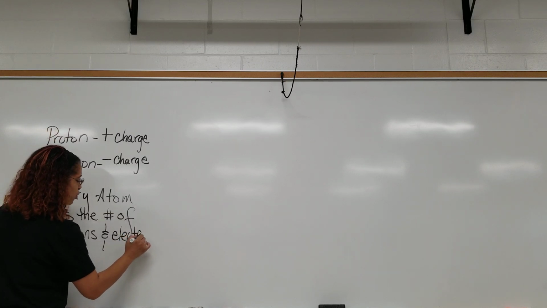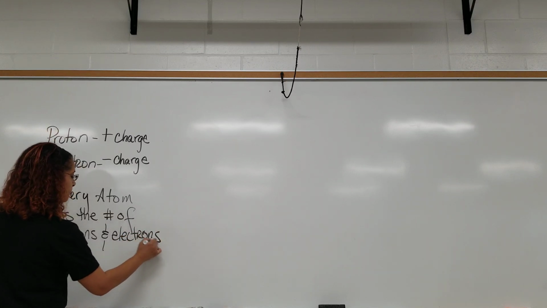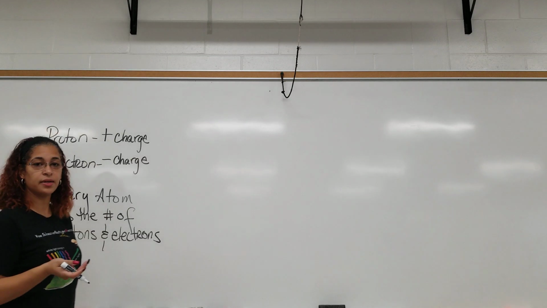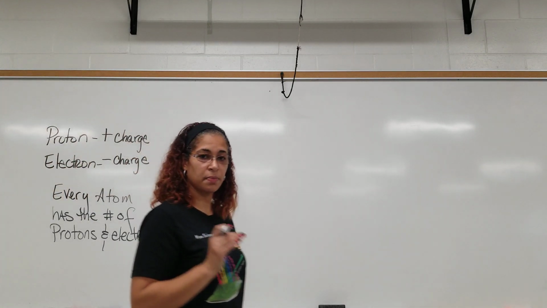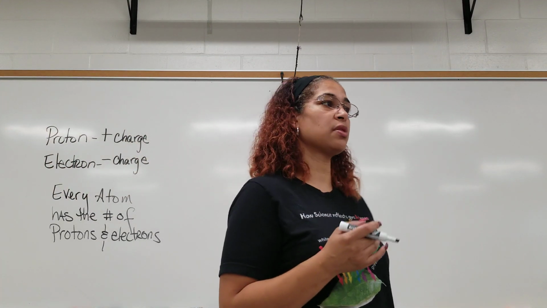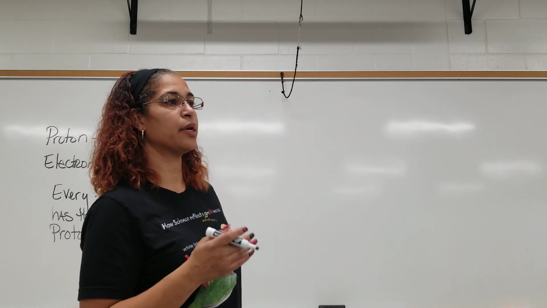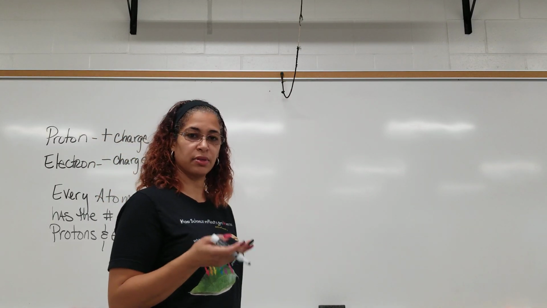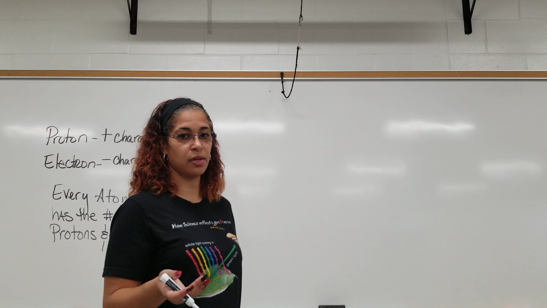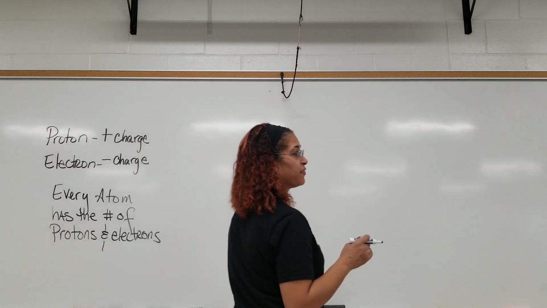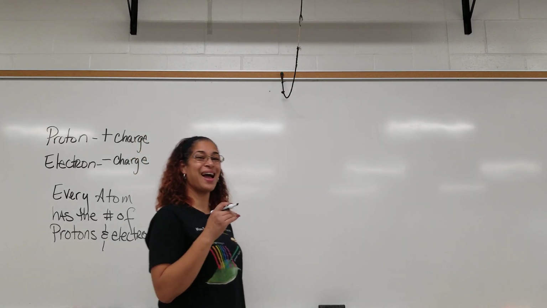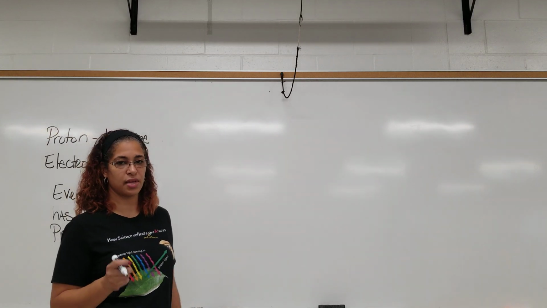So they have no charge. But some atoms on the periodic table, or rather most atoms on the periodic table, are looking to balance out their outer shell or their valence shell. So as we spoke about in a previous class, the valence shell is the outermost shell.